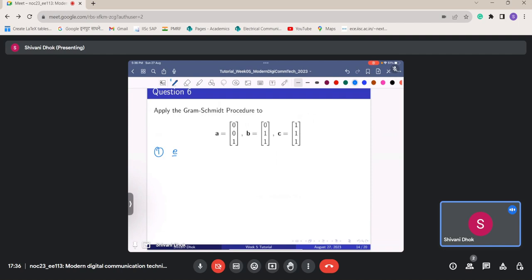Let's say this e1 tilde is A, and e1 hat is simply e1 tilde upon the norm of e1 tilde, and the norm of e1 tilde is simply the square root of 0 plus 0 plus 1 square, which is equal to 1. Therefore, e1 hat is equal to (0, 0, 1).